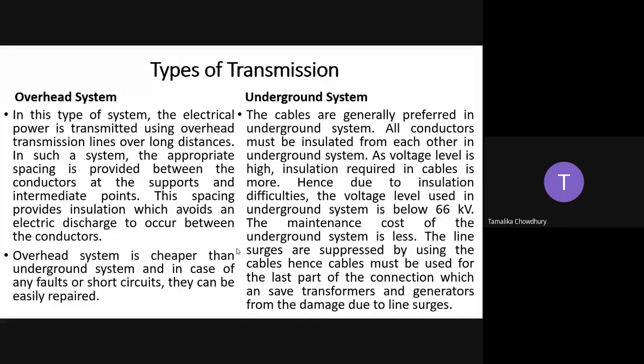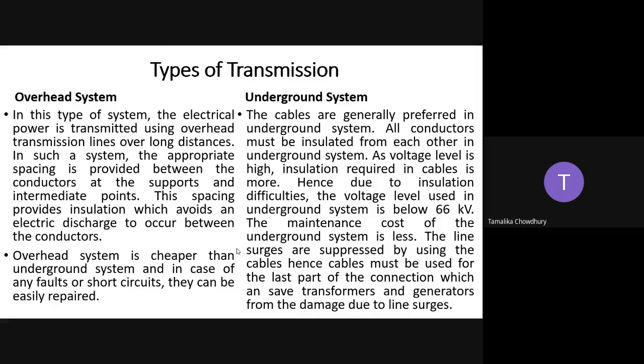A surge means a sudden jump, a sudden, huge increase. What occurs? A surge of overvoltage or a sudden increase in current. Due to that, insulation failure occurs, or it can cause transients to flow. So these are the surges that one should be aware of while doing underground cable work.